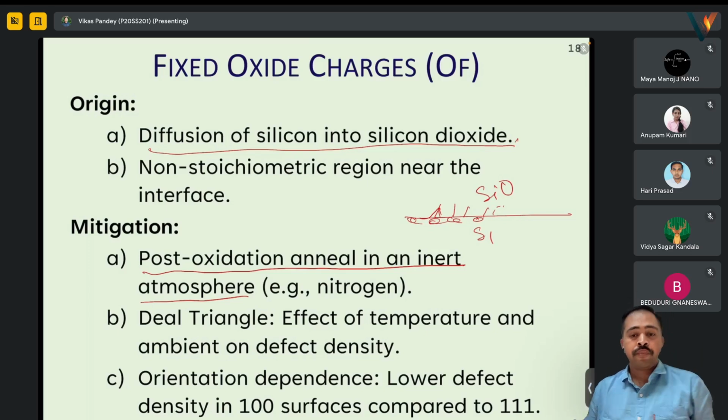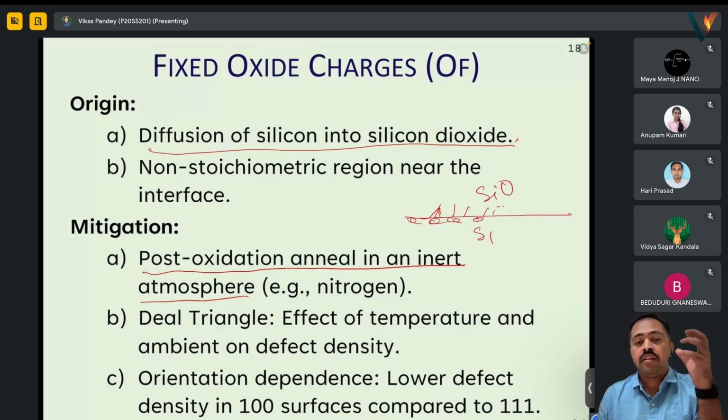Then, maintaining the proper temperature and ambience, including pressure and all these things, will also lead to lower fixed oxide charge.